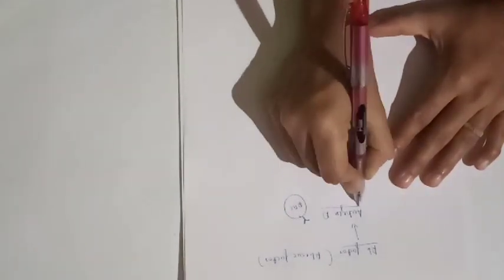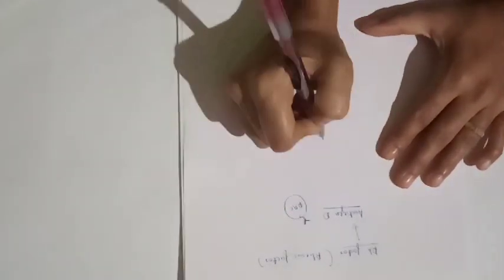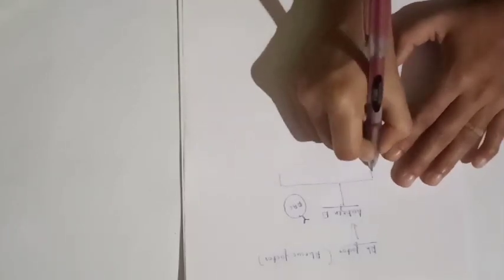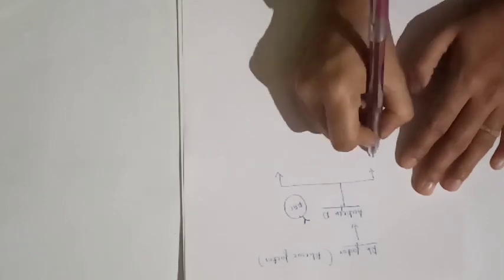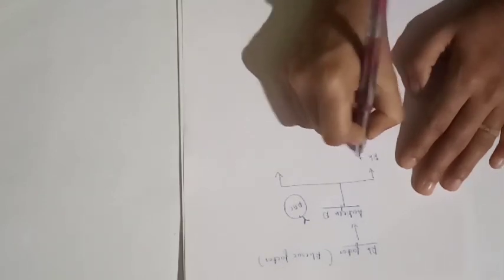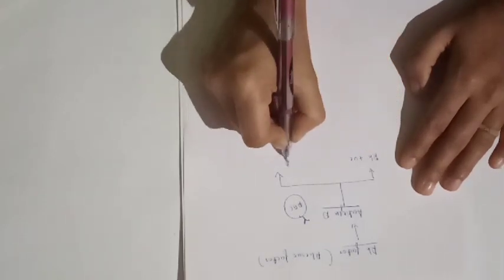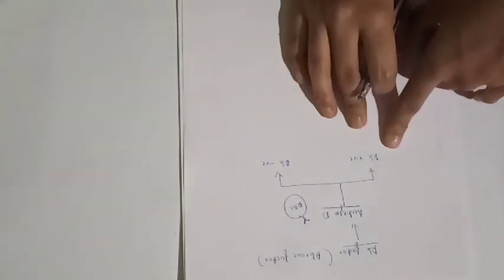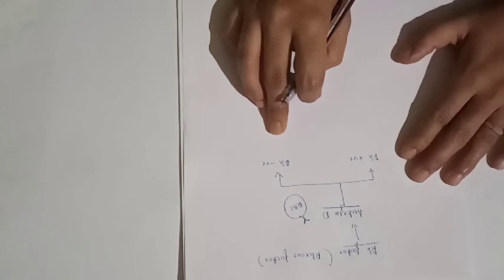Based on the presence of this antigen on the surface of the RBC, there are two groups of individuals in human beings: RH positive individuals and RH negative individuals.